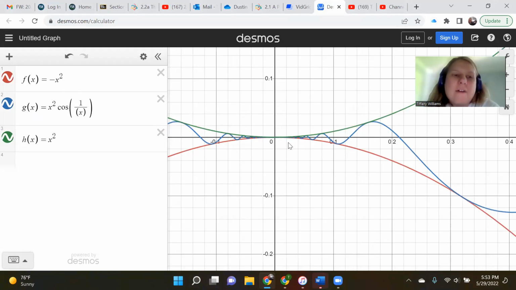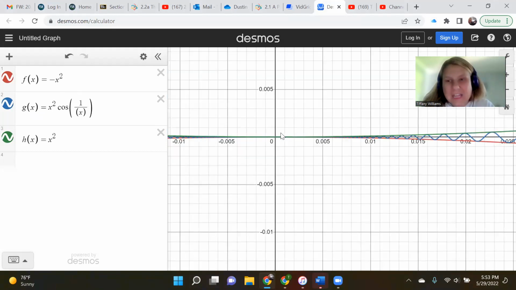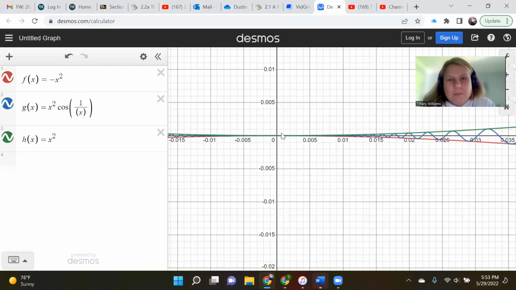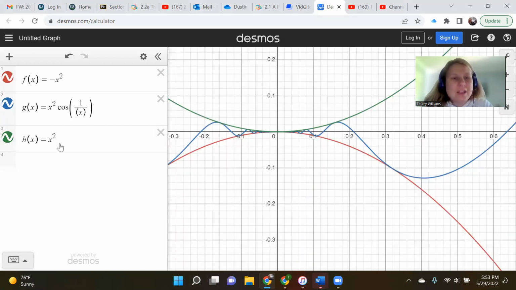That's why we need f of x and h of x to figure out what it's going to oscillate to. Even in Desmos, as I scroll closer and closer to 0, I'm not getting anything from this. But because I've used f of x and h of x, I know that I'm approaching 0 just because of these two things approaching 0.